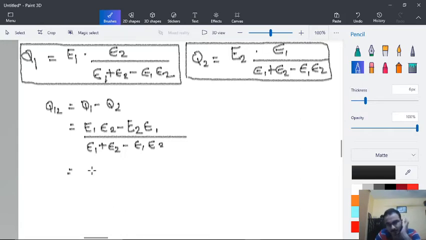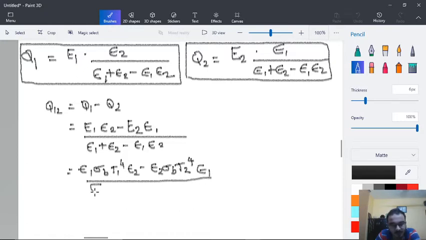here as per Stefan-Boltzmann law we can write down, instead of E1, epsilon 1 sigma b T1 raised to 4 epsilon 2 minus epsilon 2 sigma b T2 raised to 4 epsilon 1 divided by epsilon 1 plus epsilon 2 minus epsilon 1 epsilon 2.